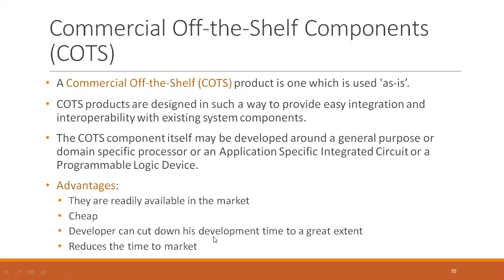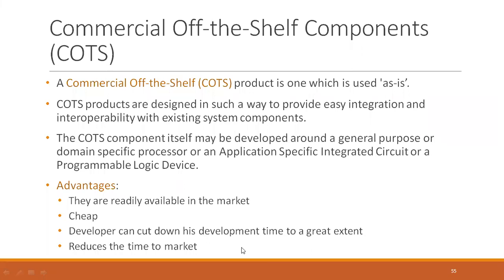The developer can cut down his development time to a greater extent, because these COTS products were developed much earlier and are available, and the developer need not concentrate on developing these products.